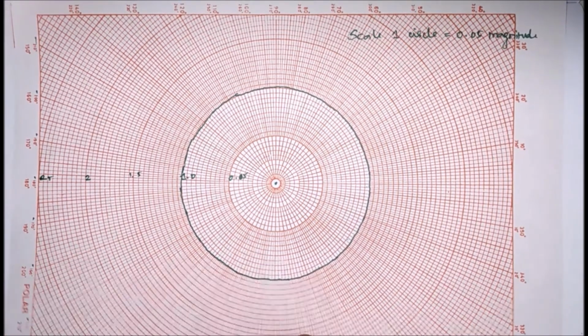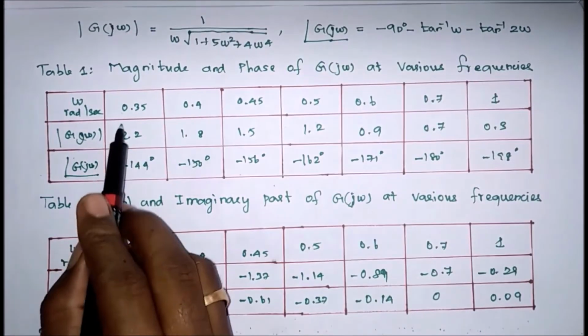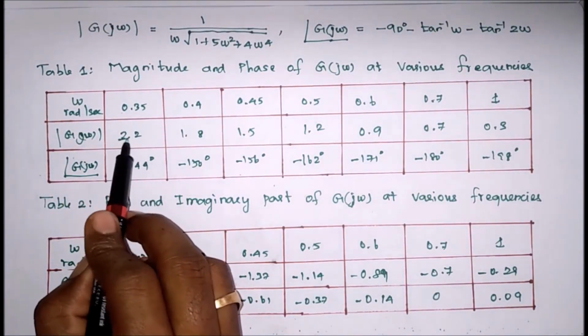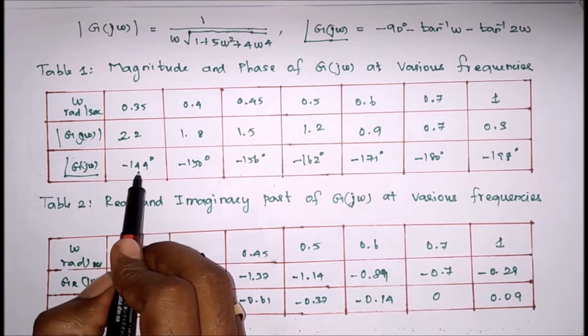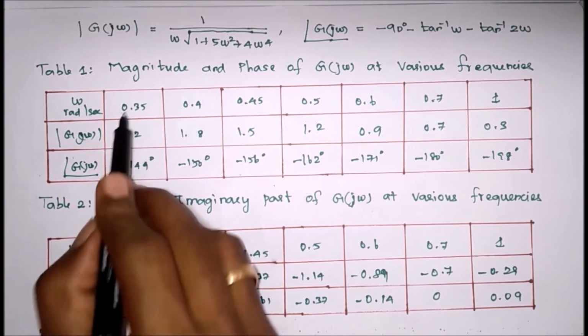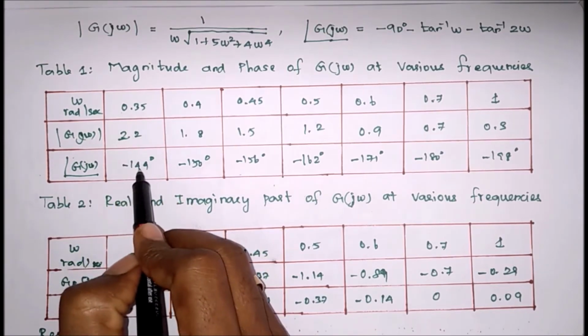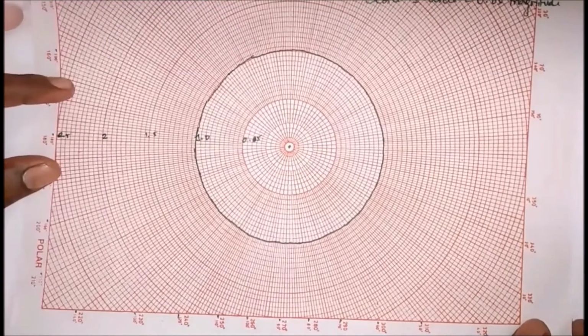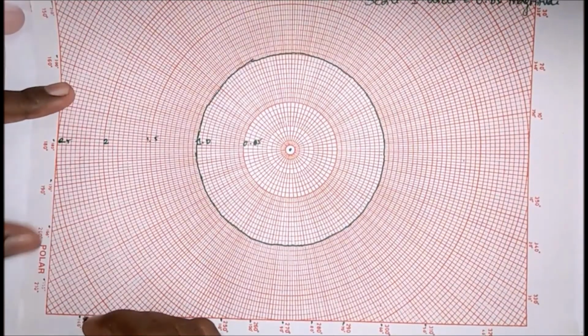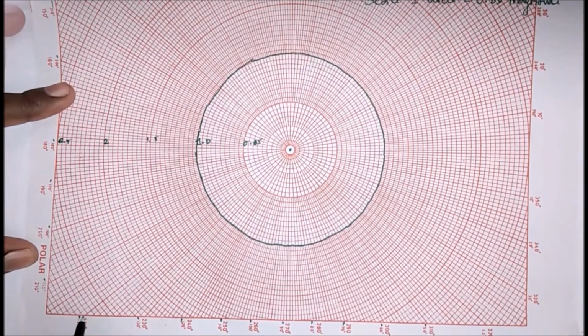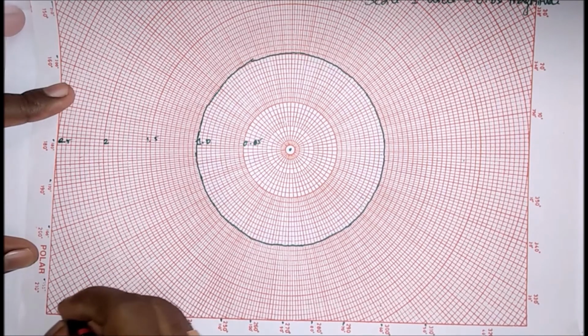Now we know the various readings. For omega equal to 0.35, the magnitude is 2.2 and the angle is minus 144. Here this is 140, this is 150, and between them there are 10 small lines. So minus 144 is this.